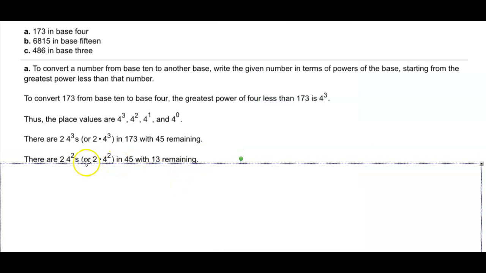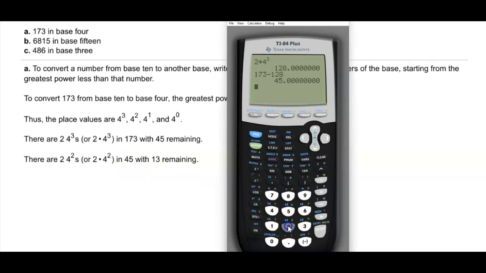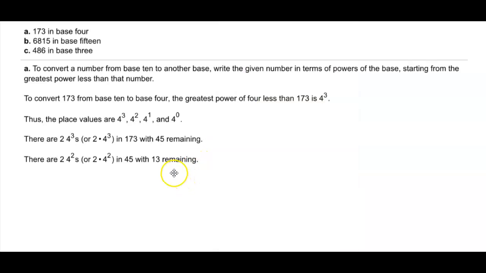So now how many 4 to the second power are in 45? If we take 2 and multiply by 4 to the second power, we get 32. 45 minus 32 gives us 13.